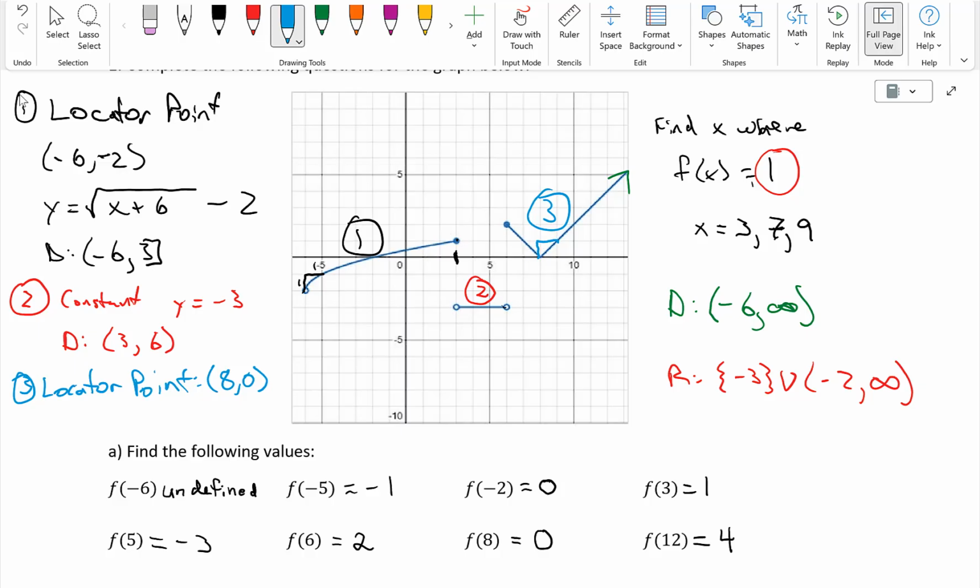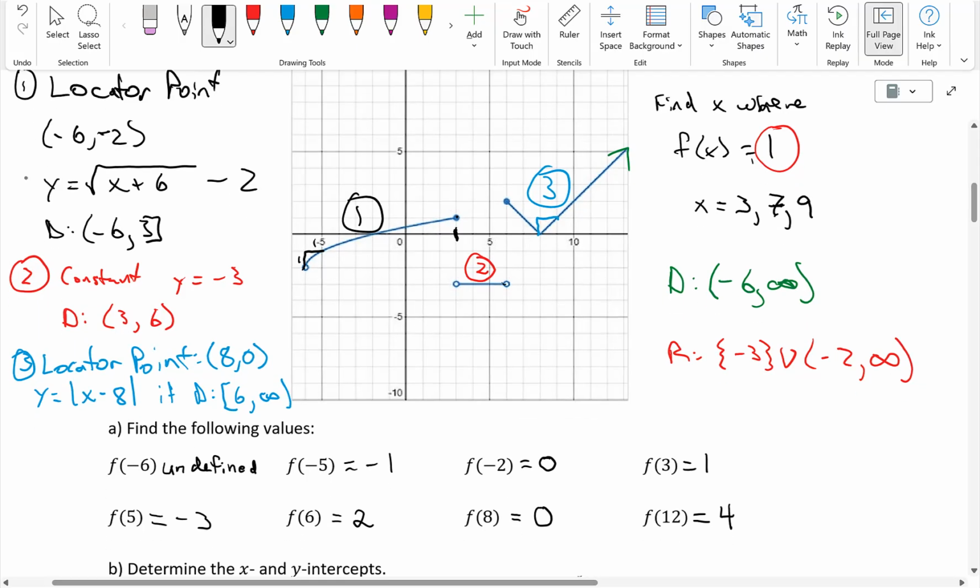So we want y equals the absolute value of x minus 8. And we can write it just like we will down there if our domain here, we've got from a closed 6 to infinity. All right, so we'll put that all together down there, and we'll write our whole equation for the graph.